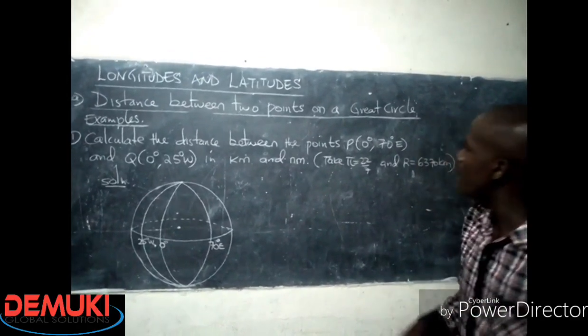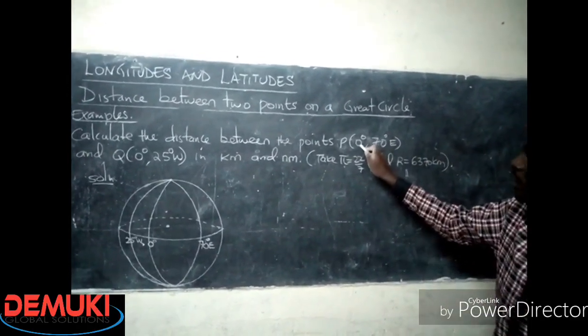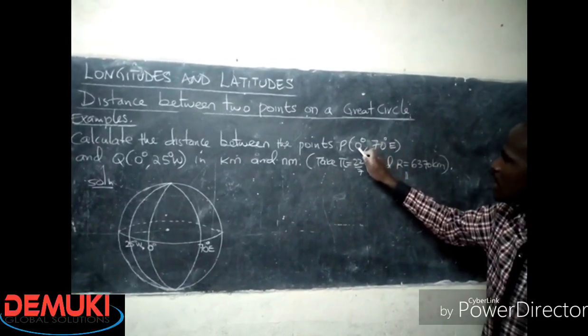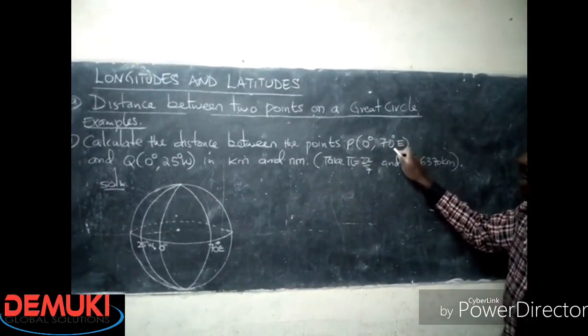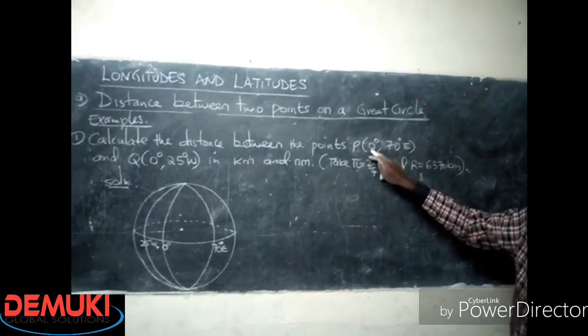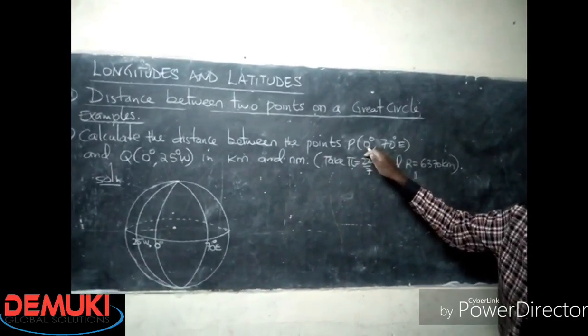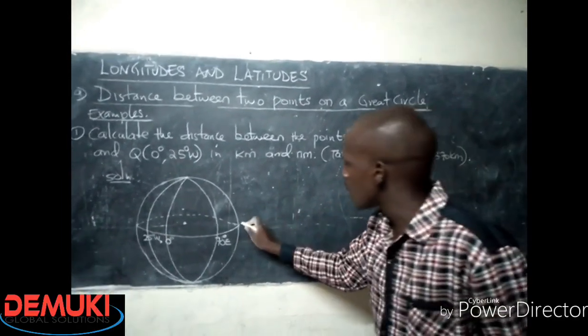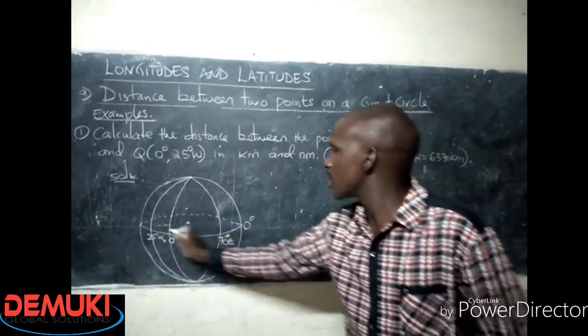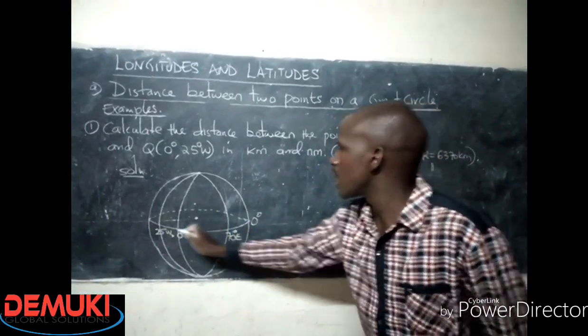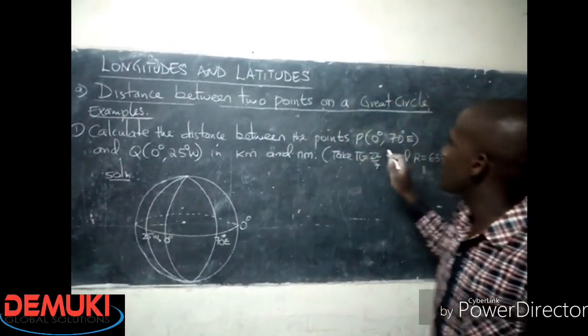Now we usually have, this is the longitude, and this one is the latitude. So when you hear 0 degrees, it means that point is along the equator. So this is the equator, 0 degrees. So this is the 0 degrees latitude, which is the equator.